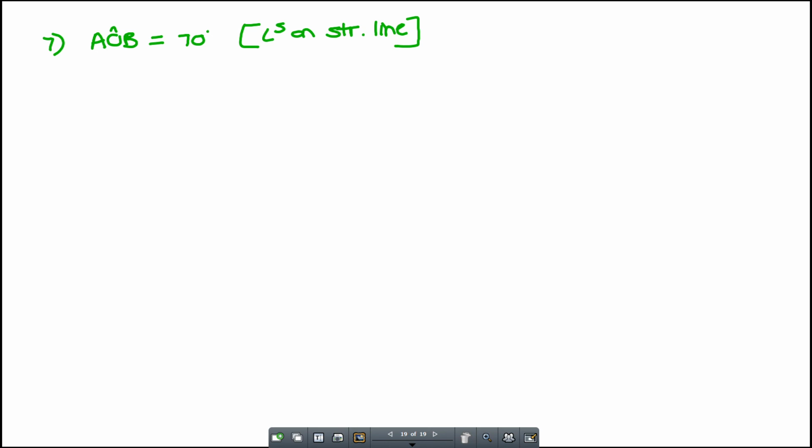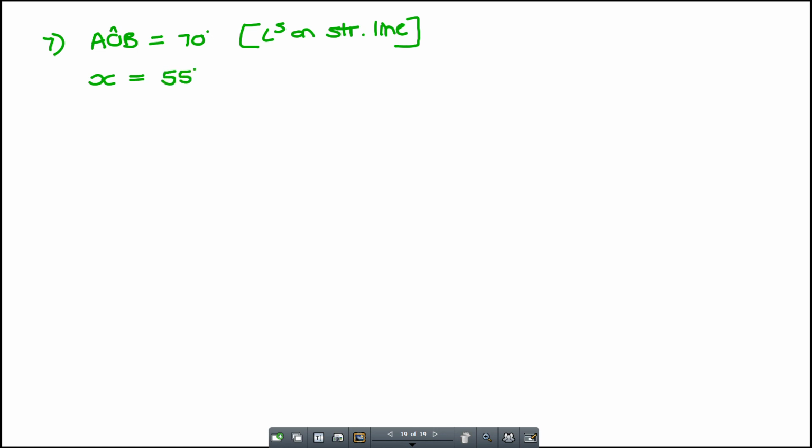Okay, nou dat ek dit het, jy weet OA en OB, those are radiuses. So meaning that forms an isosceles triangle. So if that one in the middle is 70, it means the x would be 55.